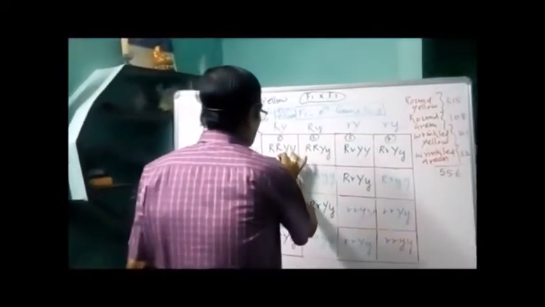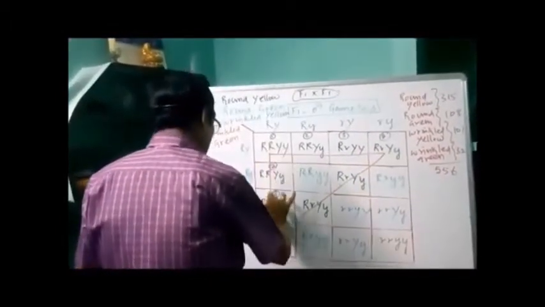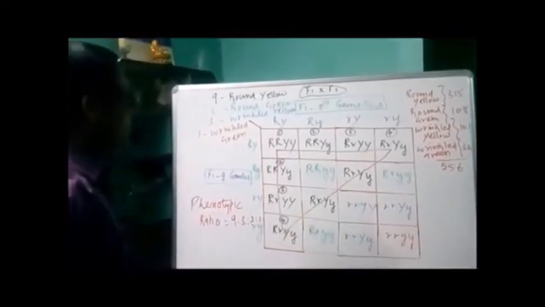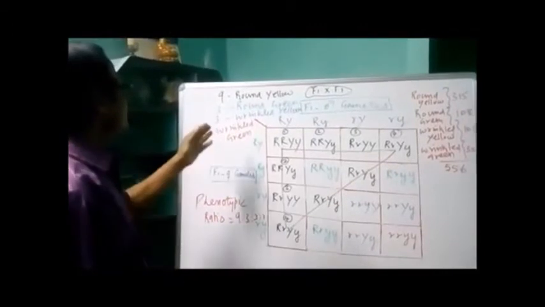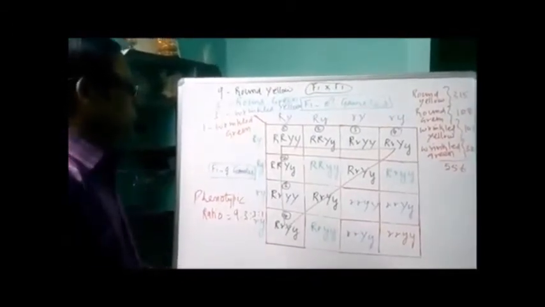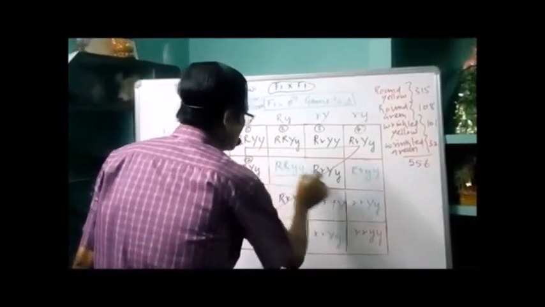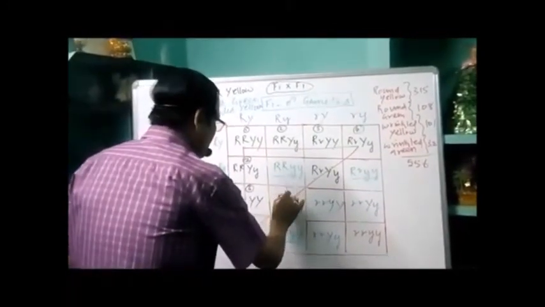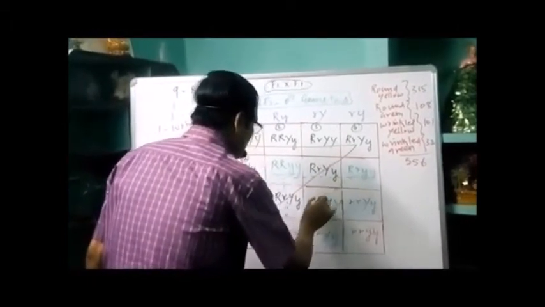Now if you take these, the black, and draw a line, that is a big triangle. The individuals in the big triangle represent round yellow. Then we take another individual, that is round green. These 3 are present at the 3 corners of the apparent triangle.